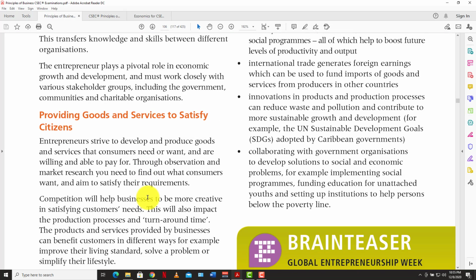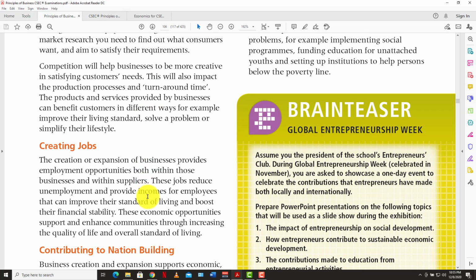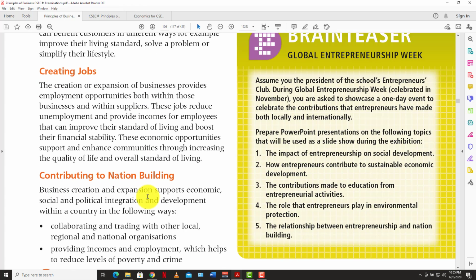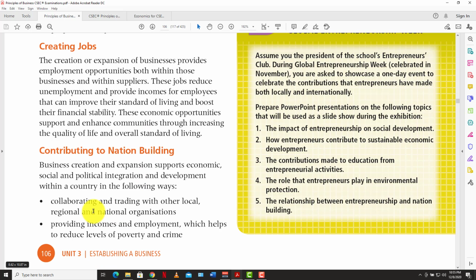Of course, businesses also have to pay their taxes, and that is part of the government's main way of getting money: revenue, taxes. And so those taxes would go towards a lot of things, helping to build the nation, because those taxes help to pay for roads, hospitals, schools, and provide welfare, school meals, that kind of stuff to the less fortunate. So that can help to bring persons out of poverty, with all of these things that are supplied by the government through taxation.